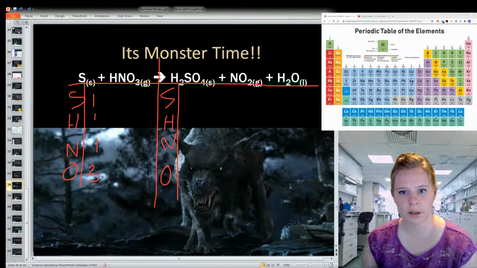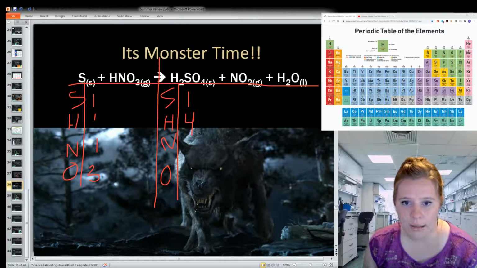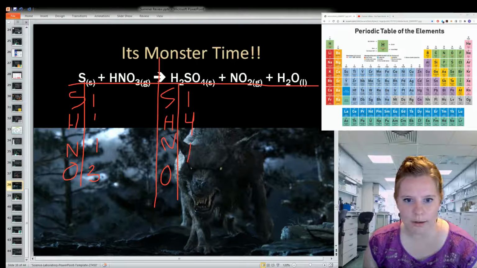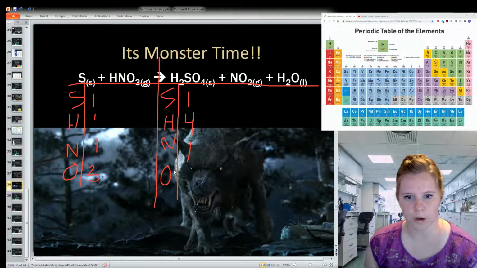Over here, we have one S. H's, I have two H's here and another two here, so that would be 4 H's. N, I only have one N. And then oxygen, be careful in this one because it's in 3 places, okay? So 4 plus 2 is 6 plus 1 is 7.